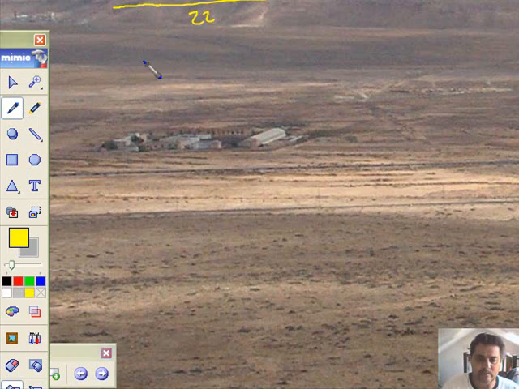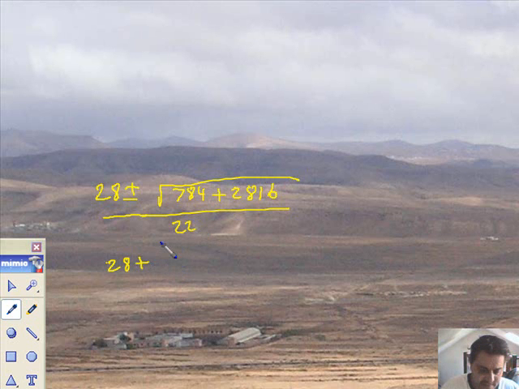I've got 28 plus this part here, which is going to be 784 plus 2816. Press equals. Now the square root button on that, which is 60. Oh great, so the square root of that was 60, and divide that by 22, and that's going to give me 28 plus 60 equals, divide that by 22.